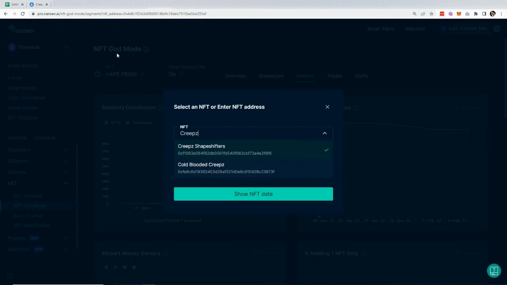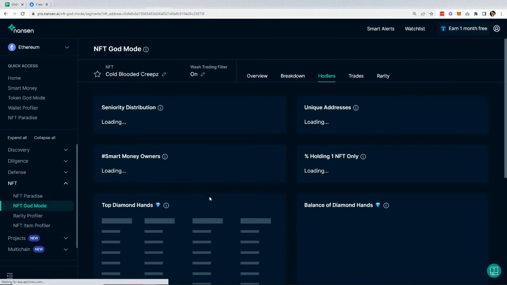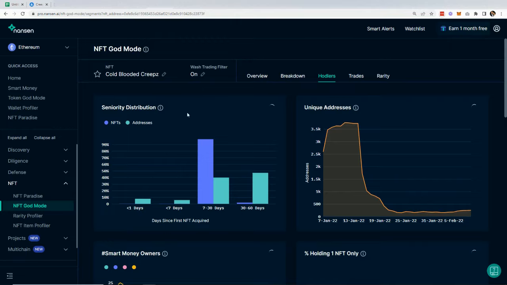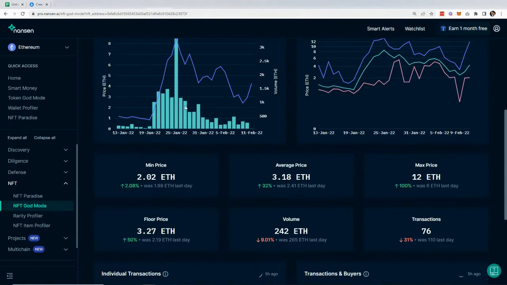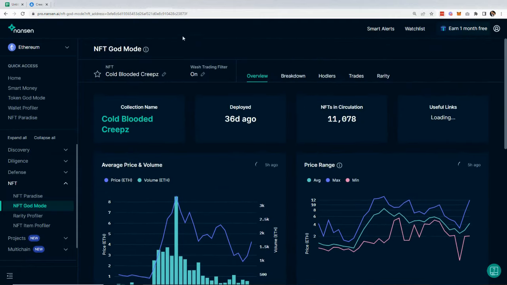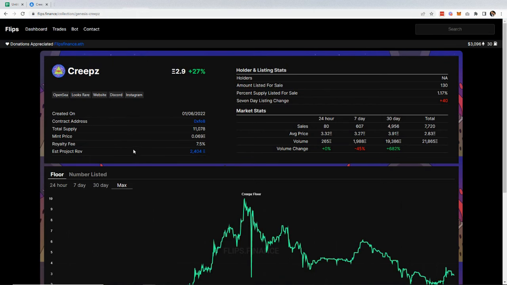So yeah, sometimes when you use the tools, they're called something else than what they're called on OpenSea, and it can be a little confusing. Is this the right one? Let's just check it. Yeah, I think it's the right one. But in here, anyway, we can see it's the right one as well. And you can always check it by opening up OpenSea to see if it's the same. And we can see it's the same.